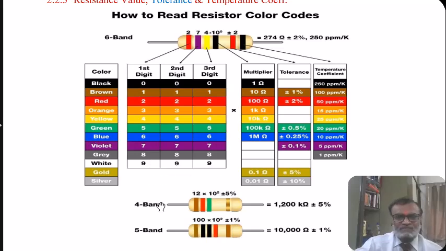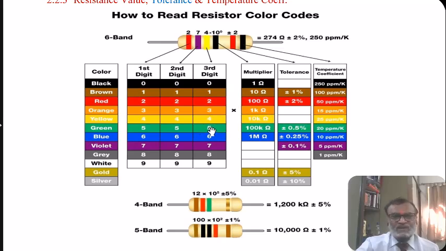When the color strip is in the first digit position, you can take the color code from this color chart. For example, in this 4 band resistance, the first ring is brown, that is digit 1. The second ring is red, that is number 2. The third ring is a multiplier, that is green here, and green has a multiplier 5.